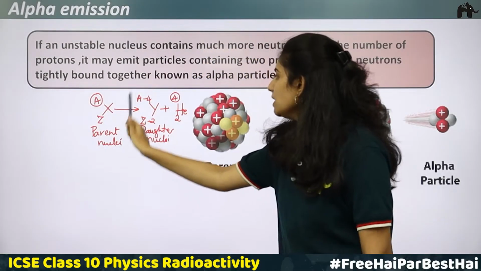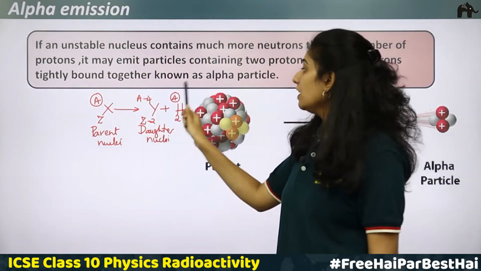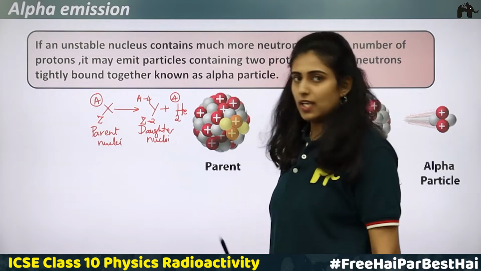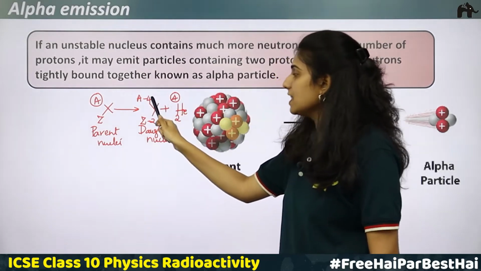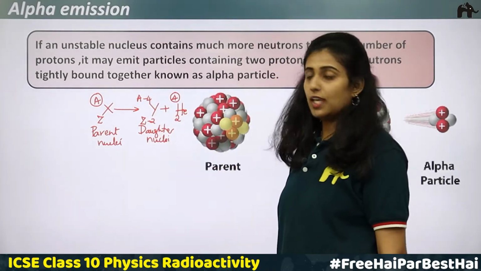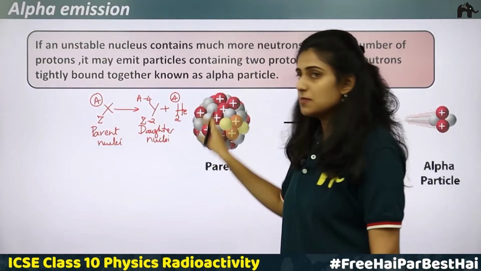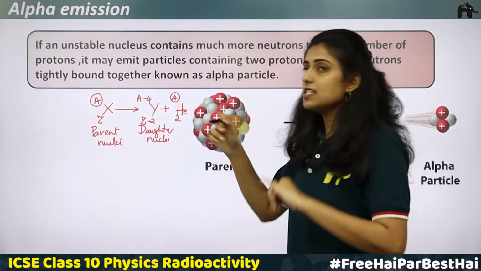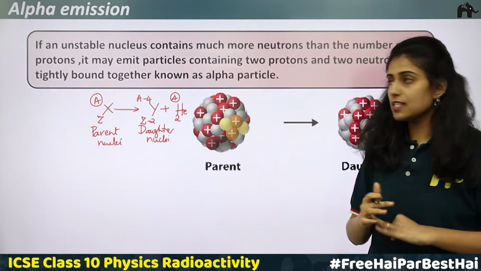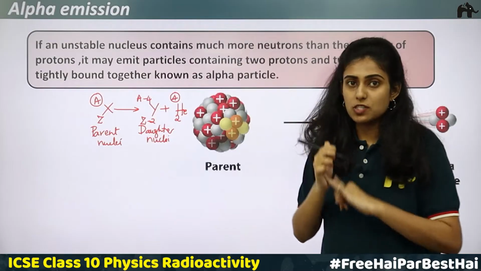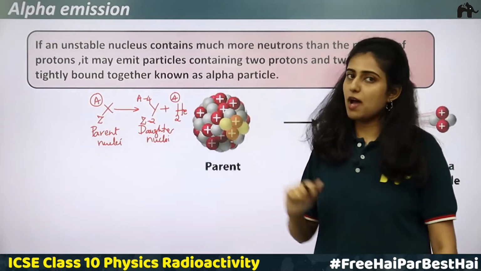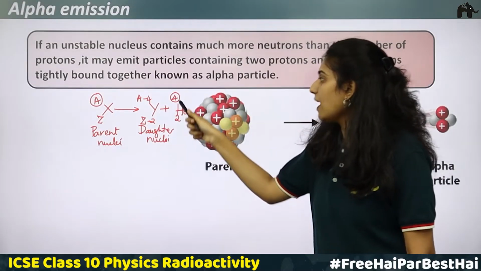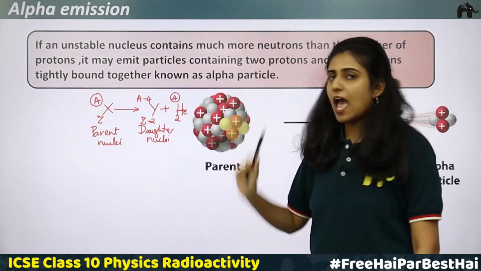When you compare them, the daughter nucleus has atomic number 2 less than the parent nucleus and mass number 4 less than the parent nucleus. The particle that comes out has 2 protons and 2 neutrons. We know mass number is the number of protons plus the number of neutrons, so 2 plus 2, 4 is the mass number. So, a particle with atomic number 2 and mass number 4 is released, which is an alpha particle.